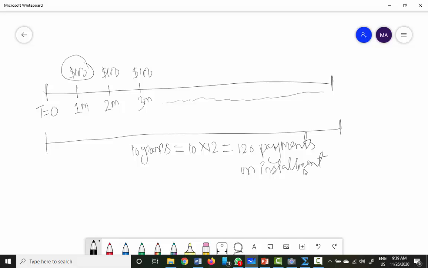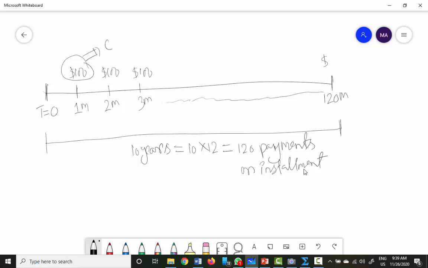So these are the installment amounts. So this is C. The last payment is at the period of 120, so the last payment will be after 120 months.